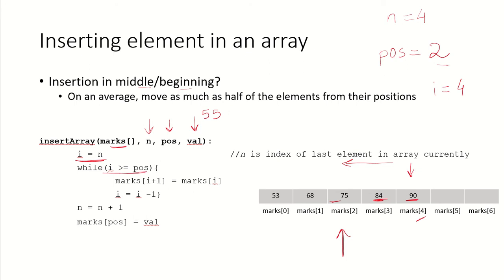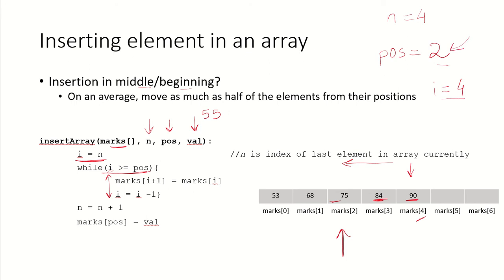So while i is greater than or equal to the position, we will go inside this loop. So i is currently 4. Is it greater than or equal to position? Position is 2. Yes, it is greater than that.